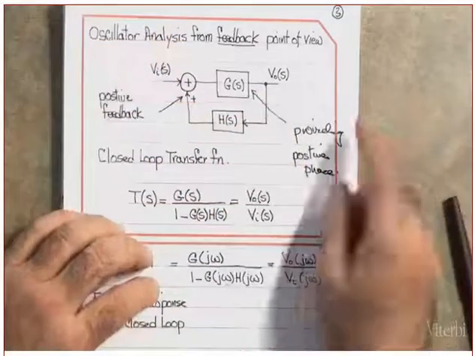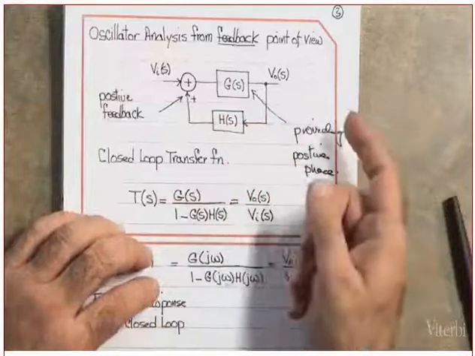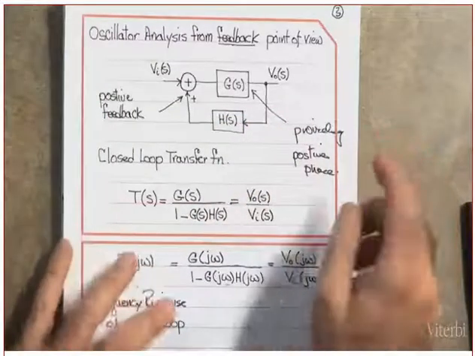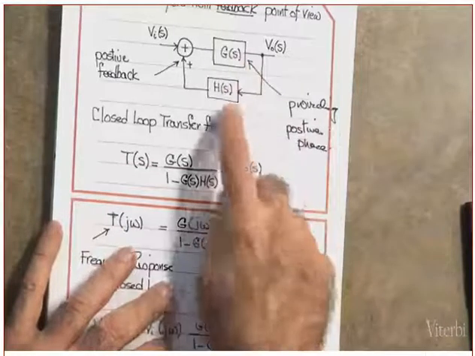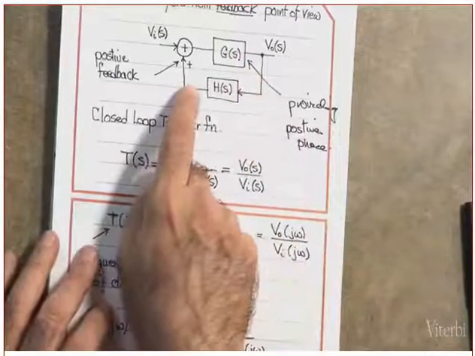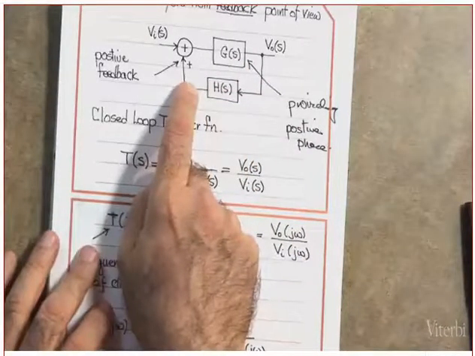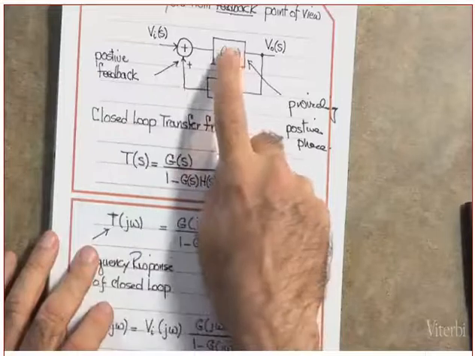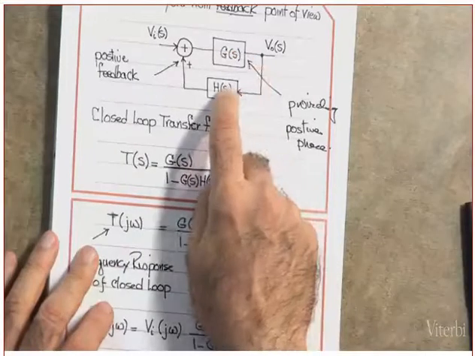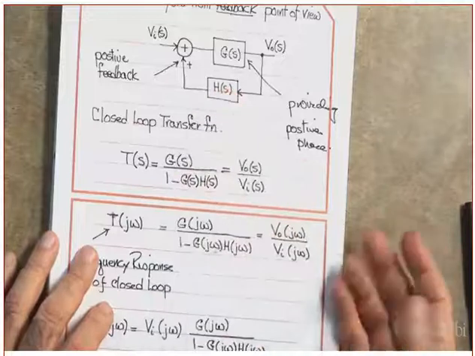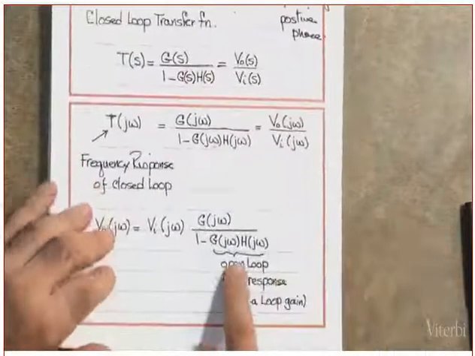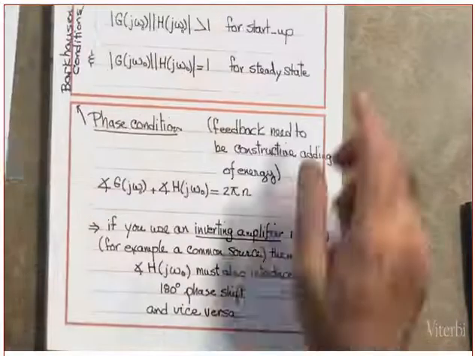Listen to me. If you break this loop here, then you have G of J omega times H of J omega. Clear? So G of J omega H of J omega is the open loop transfer function.